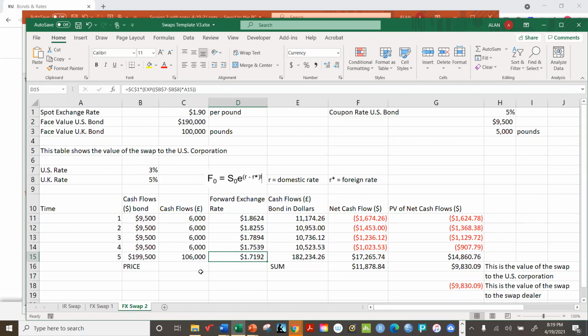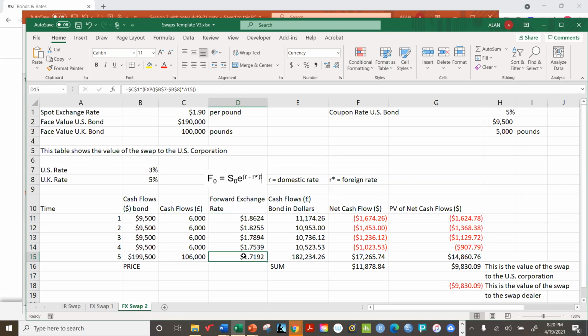This is telling me that if I wanted to enter into a contract 4 years from now to buy pounds for delivery 1 year later. Well, actually, no, sorry, no, I had it right the first time. This is what it would cost for me to take delivery.